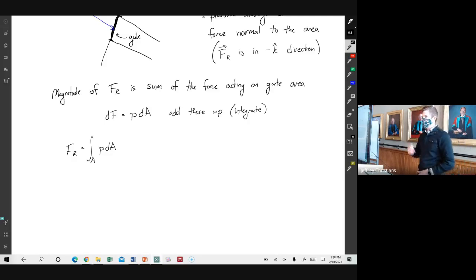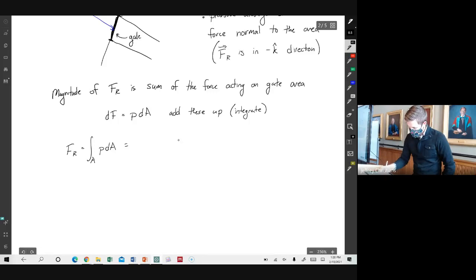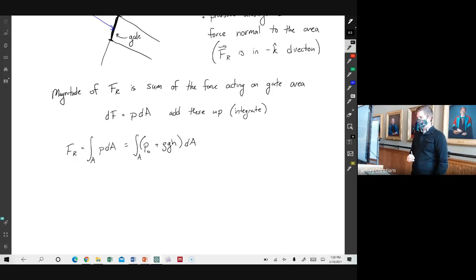This pressure changes with depth. So this is going to be equal to the integral over the area of P naught plus rho g h dA. That's our function for pressure. H is the depth underwater.